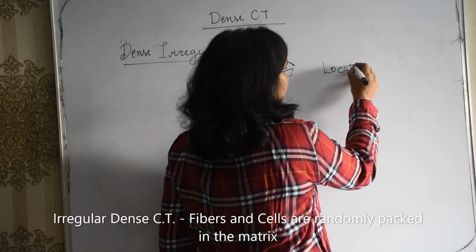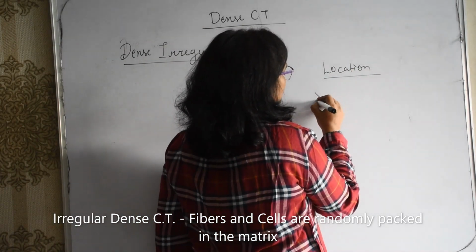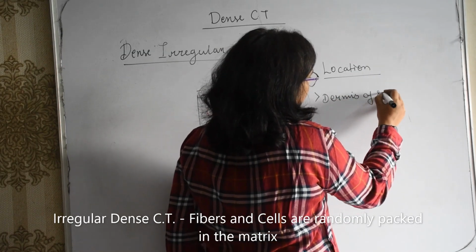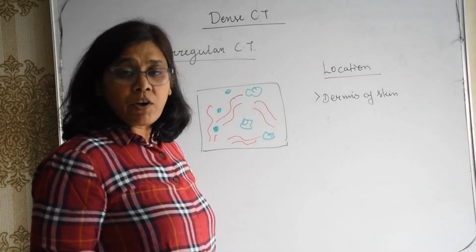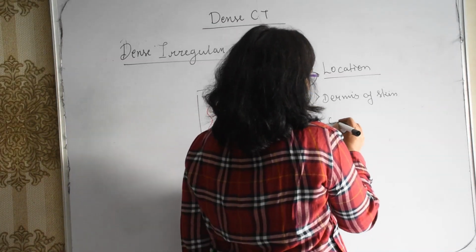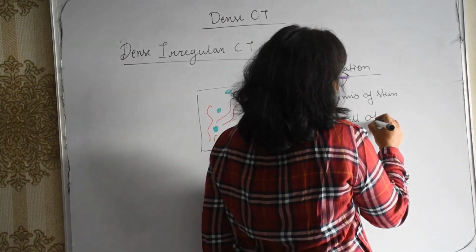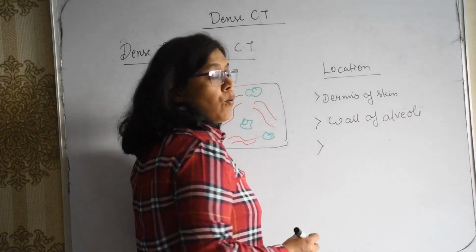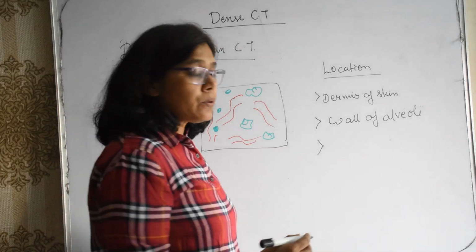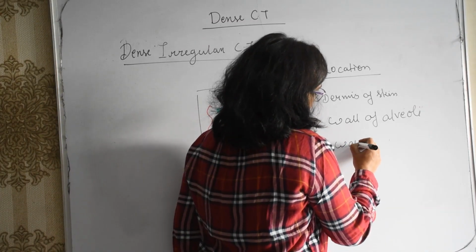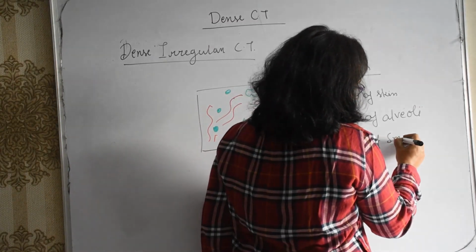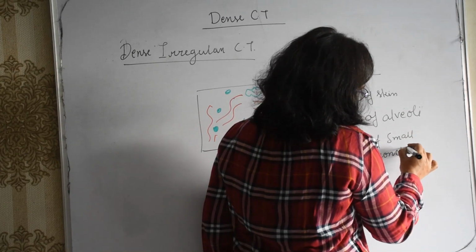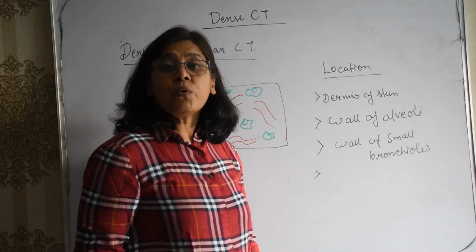Location: dermis of skin, wall of alveoli of lungs, wall of small bronchioles, vocal cord.